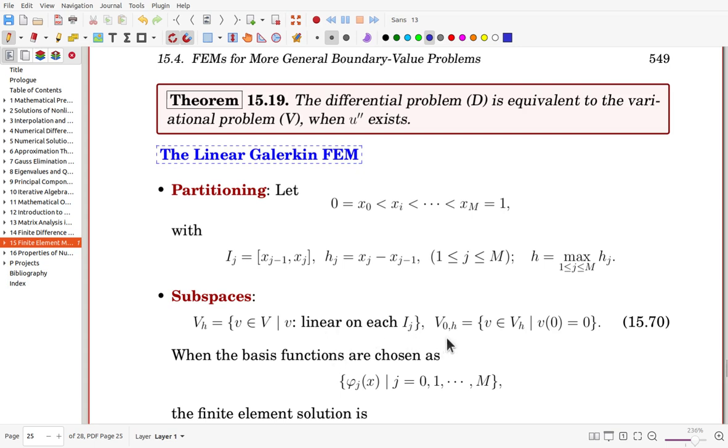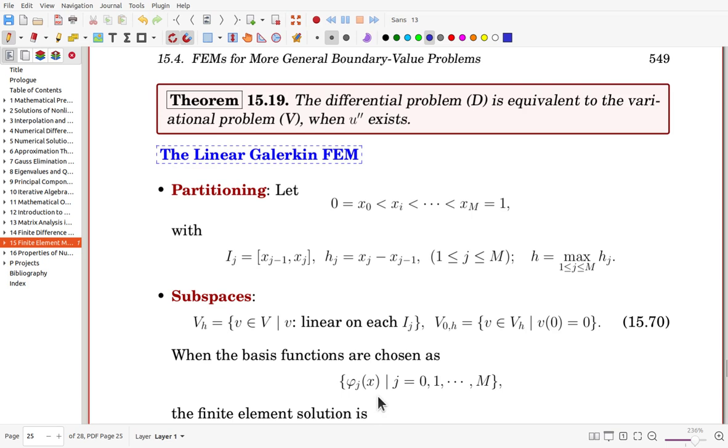And as a subspace V_0, we are considering almost the same, only the additional condition is that at the left edge point, the function value is 0.